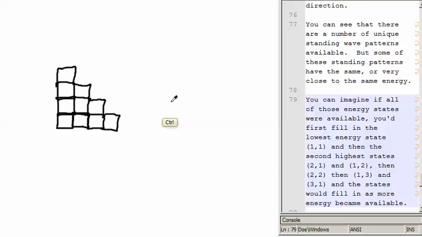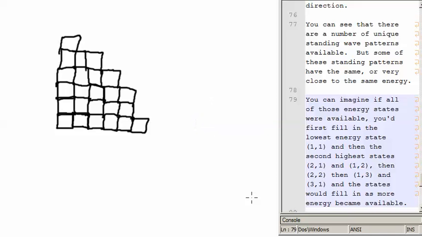You can imagine if all of those energy states were available, you'd first fill in the lowest energy state, 1,1, and then the next states, the 1,2 and the 2,1, and then maybe the 2,2, and then the 1,3 and the 3,1. And then more energy states would fill in as more energy became available. And eventually, you'd start to see something that looks kind of like a circle, or not an exact circle, but something more and more approaching a circle.